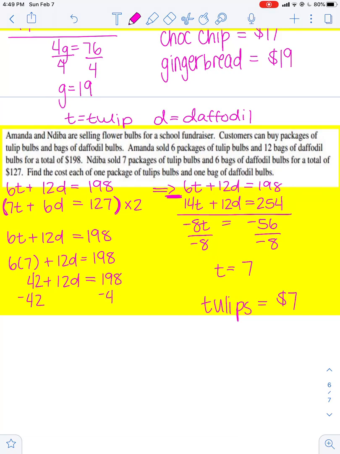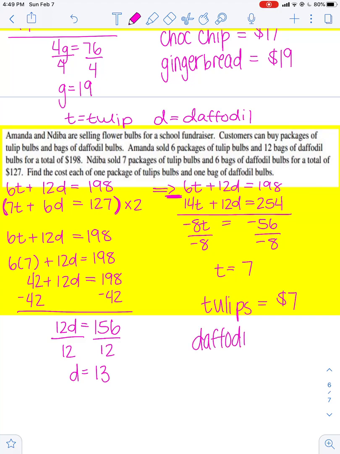I'm going to subtract 42 from both sides. 12D is equal to 156. And then I'm going to divide by 12 on both sides. And I'm going to get that D is equal to 13. So daffodils cost $13.